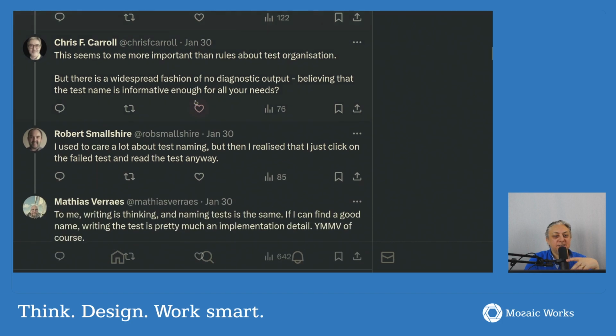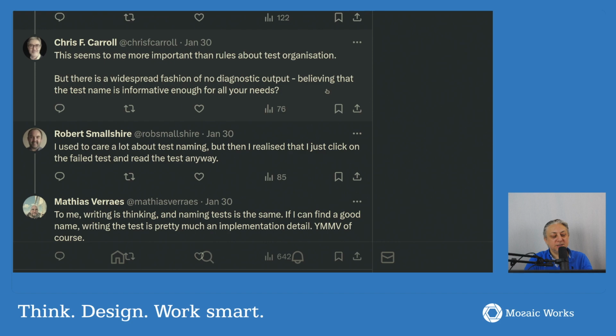And then Chris Carroll added, this seems to me more important than rules about test organization. But there is a widespread fashion of no diagnostic output, believing that the test name is informative enough for all your needs. No, I don't think that's true. I think it's good to have a good name for the test, and when you name the test, it should describe the scenario.